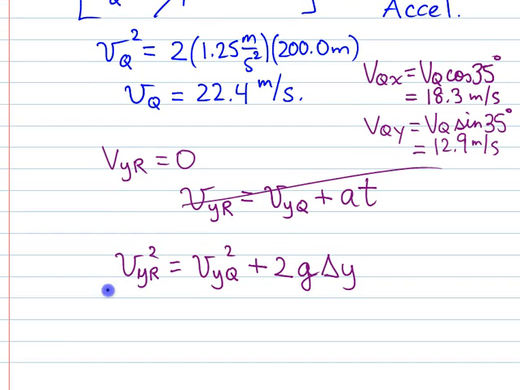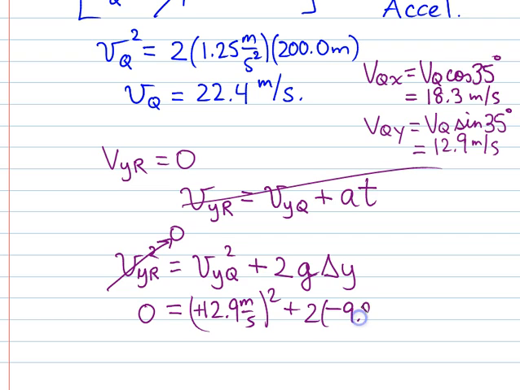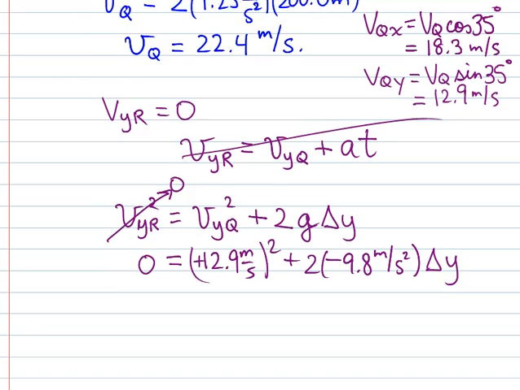So this goes to 0, and we know that VQY is 12.9, and it's positive. Then we have plus 2 times negative 9.8 for g, and delta y is what we wish to find. Plugging everything in, we find that it's about 8.42 meters.